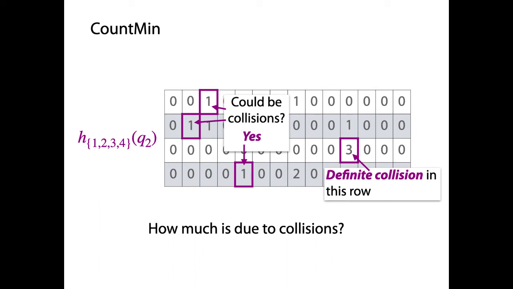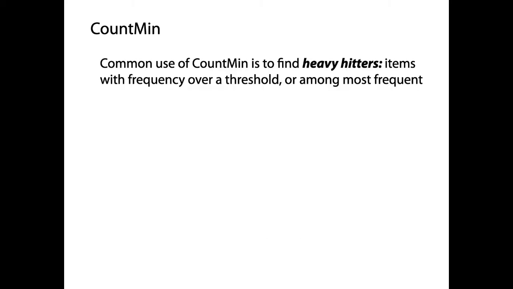But the key that we've now explained by looking at these 2 examples is that if we want to report our estimate, tilde f sub x, what we do is we take our query item, we hash it in every row, and we take the minimum of all the values that we see. This is why it's called the CountMin sketch, because an inherent part of how we query it is we take the minimum of all the elements that we see.